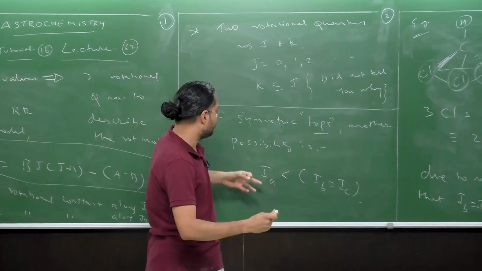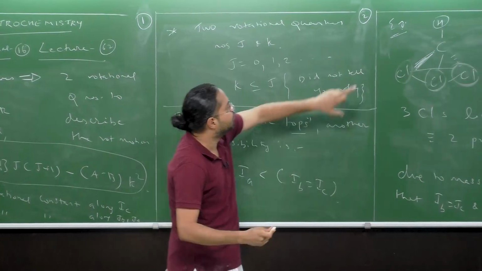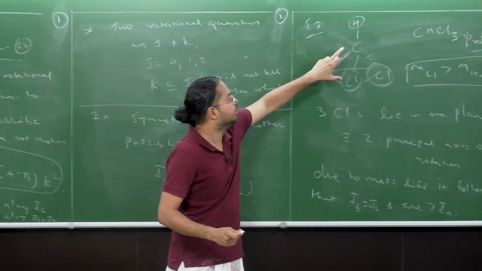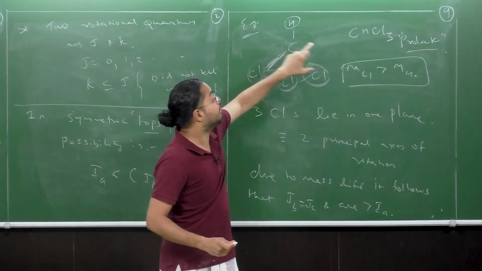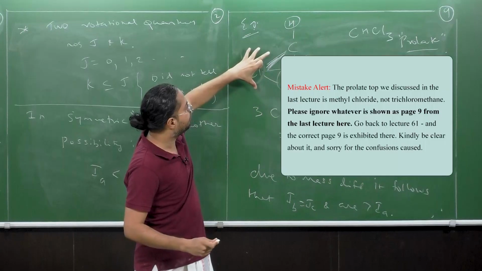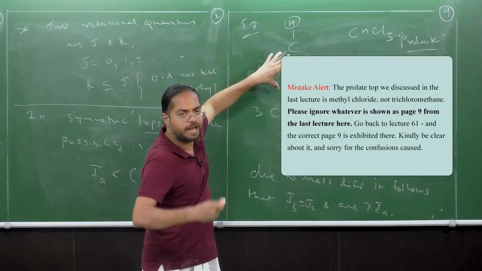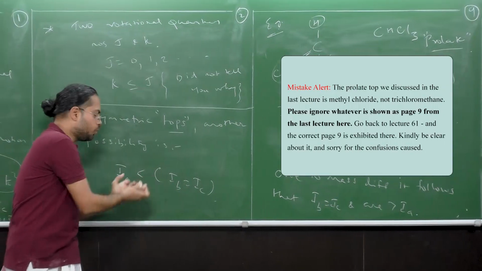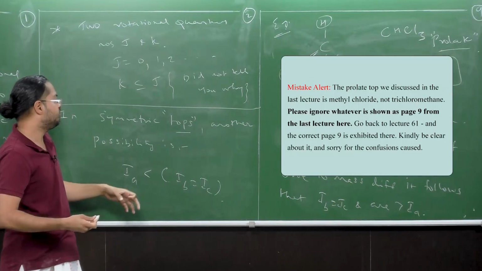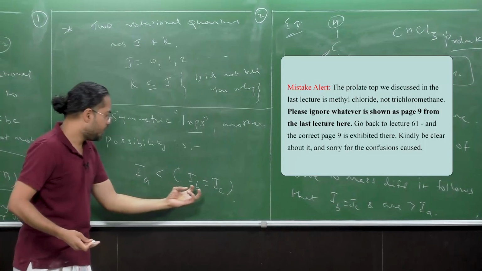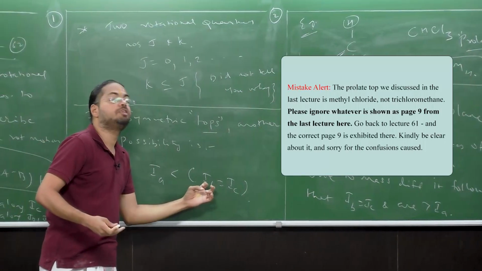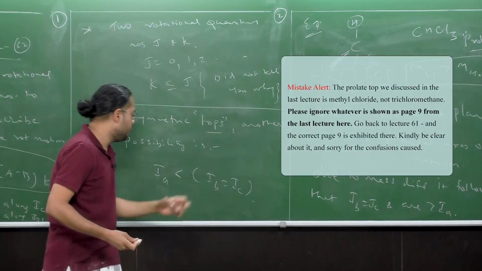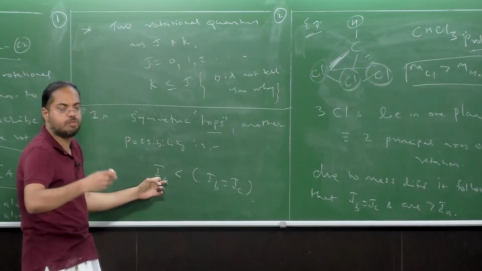One possibility, which corresponds to methyl chloride, sorry, trichloromethane, is the idea that the two different moments of inertia are distributed such that the greater value has the degeneracy and the uniqueness is in the lesser value of moment of inertia.